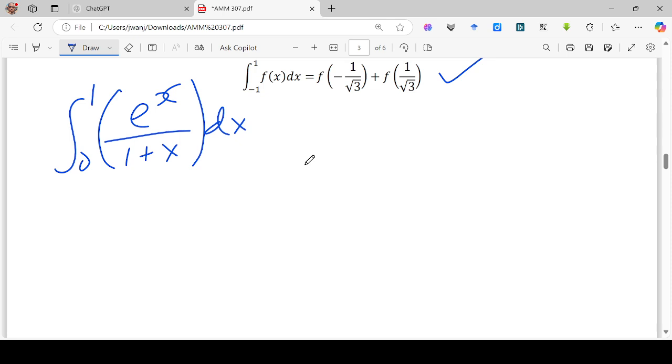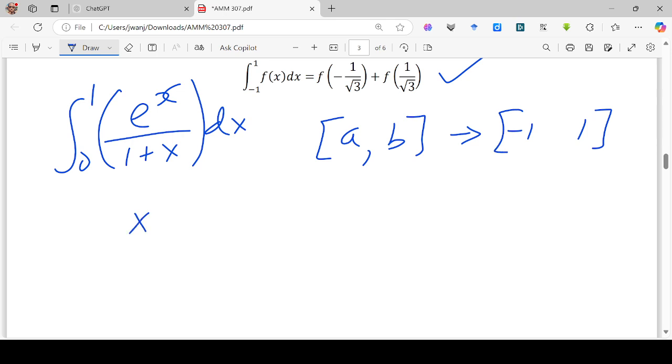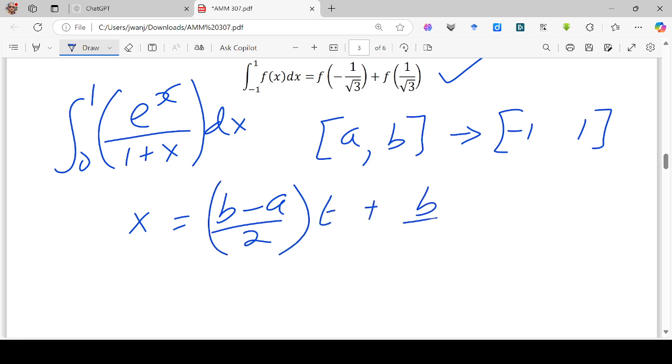-1. Any closed interval [a, b] can always be transformed to [-1, 1] using the transformation x equals (b minus a) divided by 2 times t plus (b plus a) divided by 2.